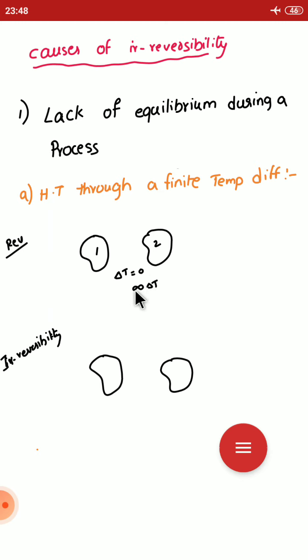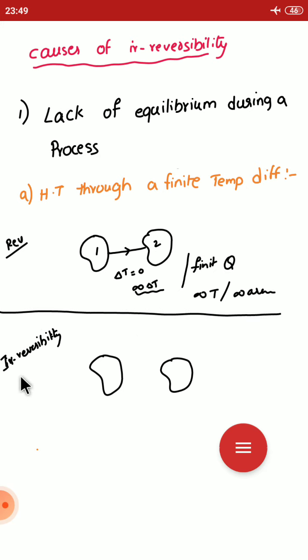Under this condition we treat it as a reversible process. For an infinitesimally small temperature difference to transfer a finite amount of heat Q, infinite time or an infinite contact area is required for a reversible process.